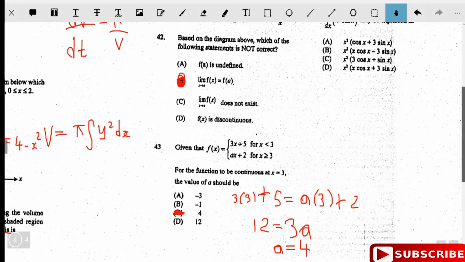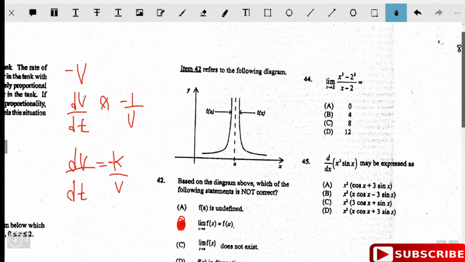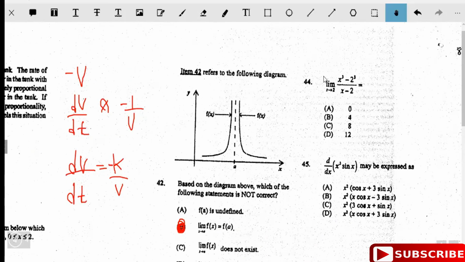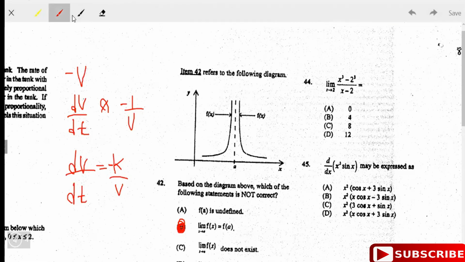Question 44. What is that? That's delta. You agree with him? Yes, I guess delta is correct. Let's work it out. So the numerator would become x minus 2 times x squared plus 2x plus 4.